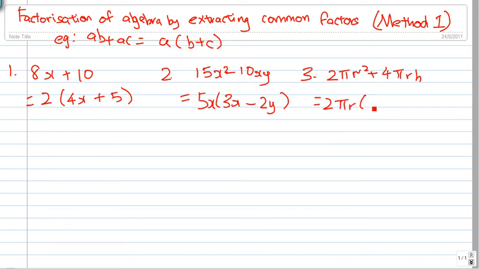Okay, 2 pi r multiplied by r will give me 2 pi r squared. Okay, 2 times 2 will give me 4. Okay, so the last term would be h. So 2 pi r times 2h will give me 4 pi rh. There you go, this is in its factorized form.